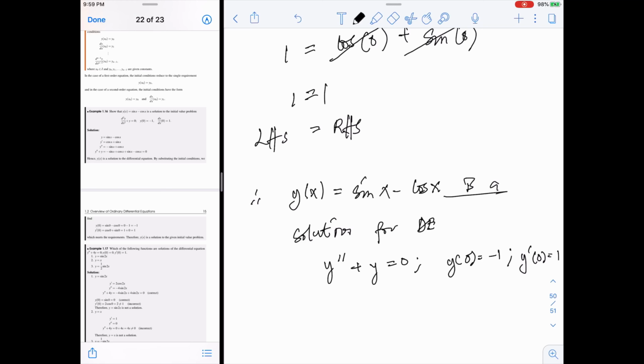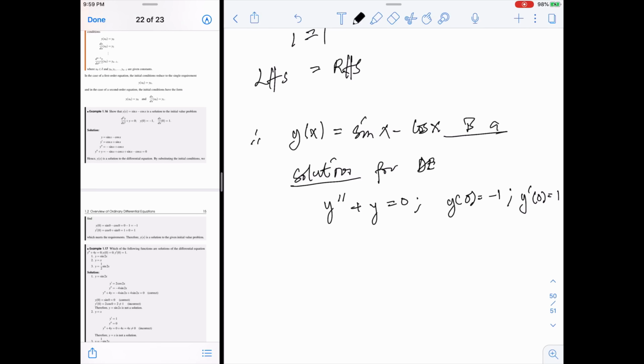So it is a solution. This is the answer that the question asks you to find.